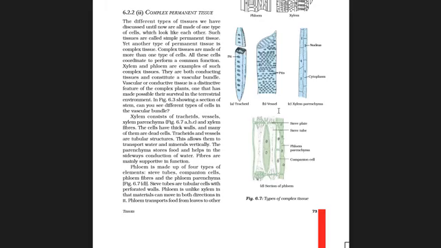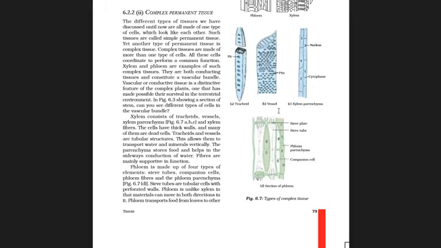Today we start with complex permanent tissue, which has two types, xylem and phloem. These also have further classification that we will come to one by one.